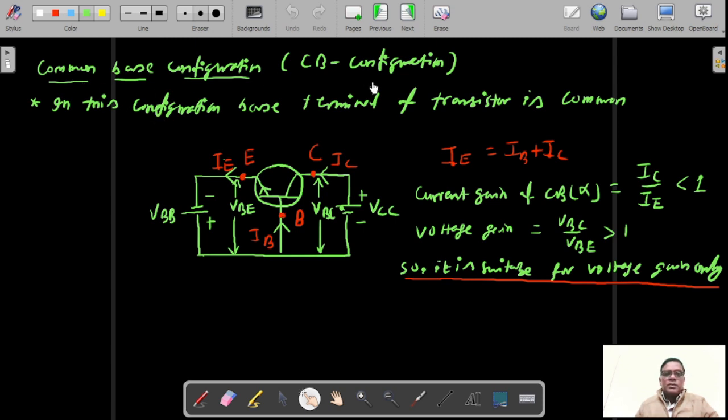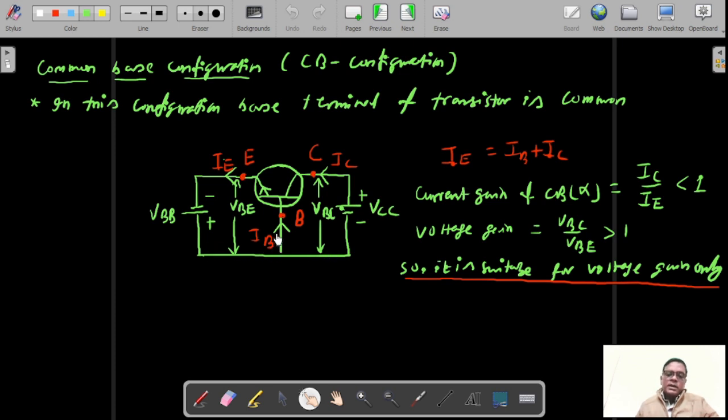So in the case of common base configuration, what is the meaning of common base? It means here the base terminal of the transistor is common. Here this is the base terminal. We have three terminals, that is base, emitter, and collector. This base terminal will be common, that is, connected in common to both input and output.